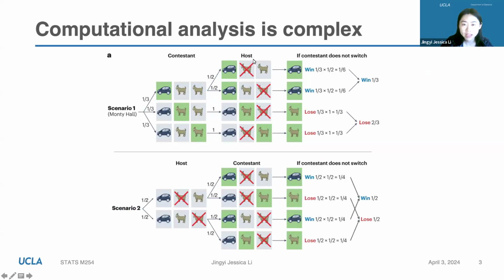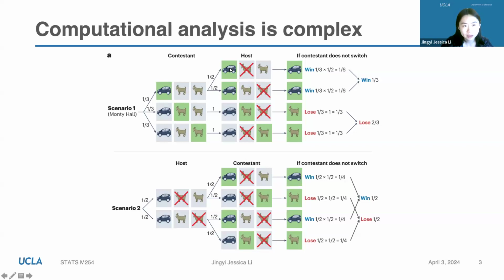Then we know that in the remaining 2 choices, there must be a goat behind. By the way, after the first choice, the door stays closed. It's not opening the door, just making a choice. And then the host will open one of the other 2 doors with a goat behind. Because the host knows the ground truth, the door he opens will surely have a goat behind, not a car. Then there are 2 doors closed.